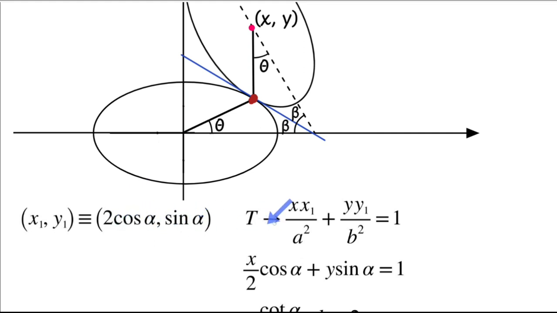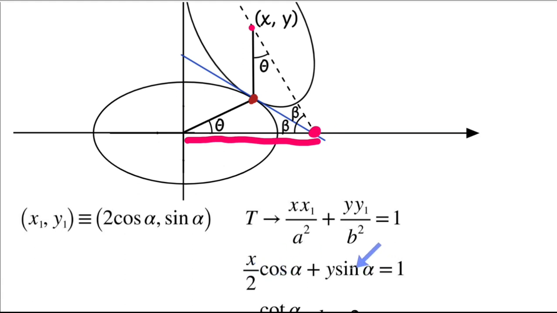The equation of the tangent for an ellipse is x x1 by a square plus y y1 by b square equal to 1. If I substitute the values of x1 and y1, I will get this equation here. And if I want to determine the value of this length, this blue line, the line of tangent, cuts this point here when the y coordinate is equal to 0.